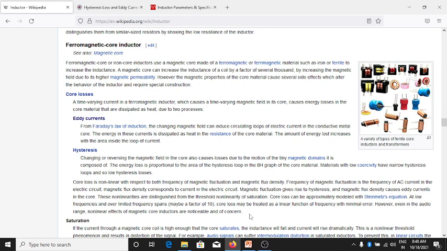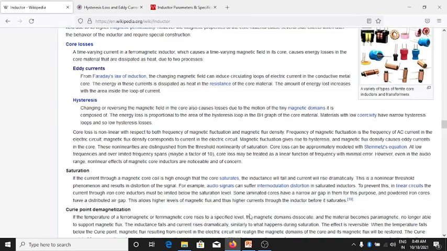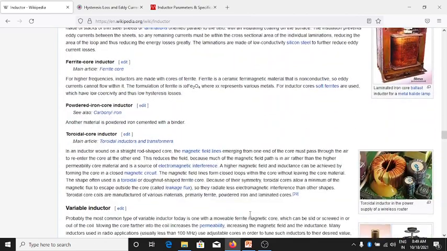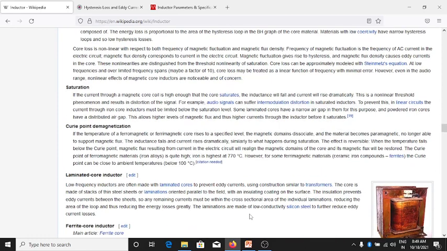However, even in the audio range, nonlinear effects of magnetic core inductors are noticeable and a concern. Saturation.